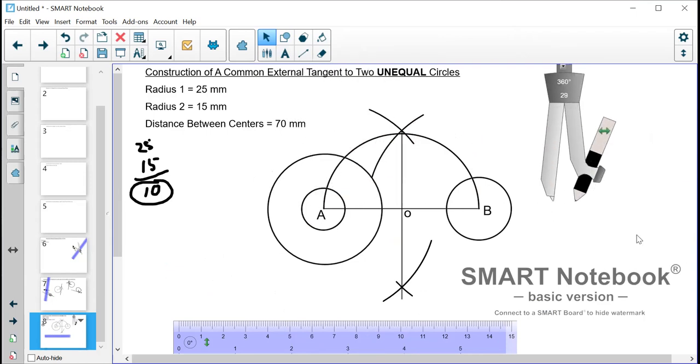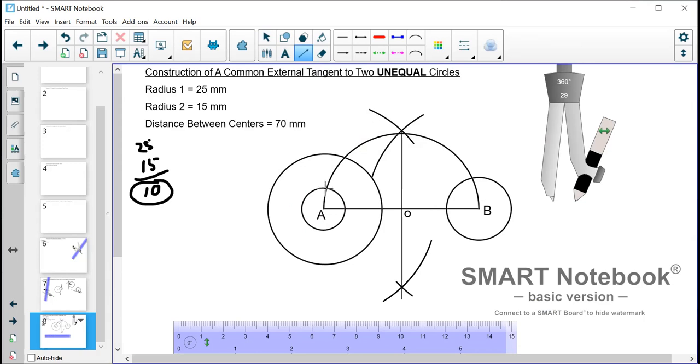So there we have 3 circles. Now, for every step, there is a reason why we do it. In this case, the reason is because we want to find where this small circle intersects the semicircle.